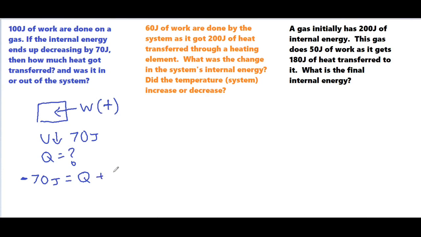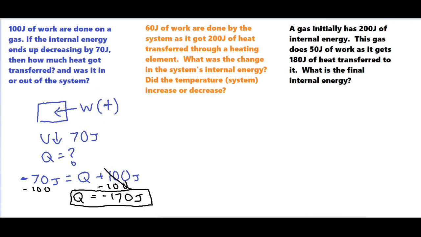So that means that we have 100 joules right over here. So just some simple algebra. We're going to go ahead and subtract 100 from both sides. And then that would leave us with a final Q value of negative 170 joules.